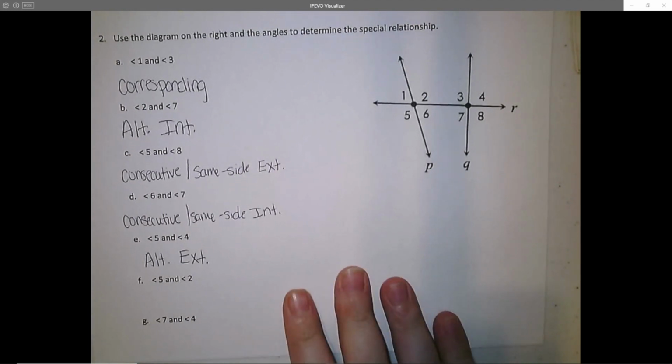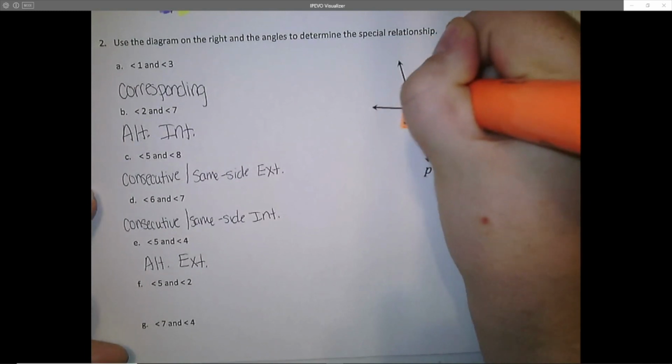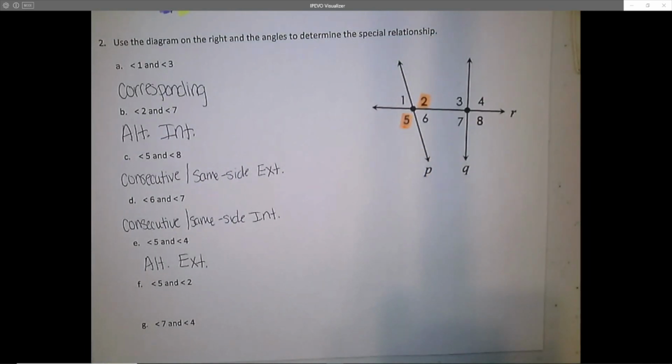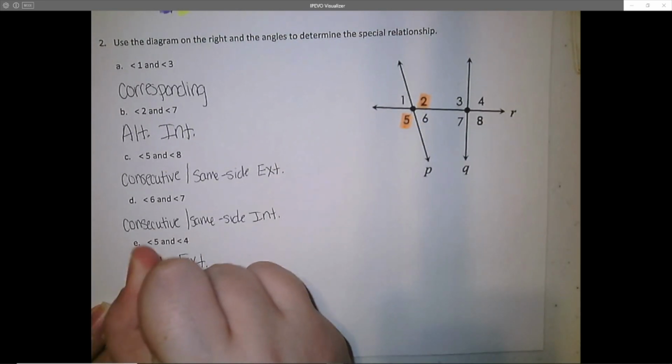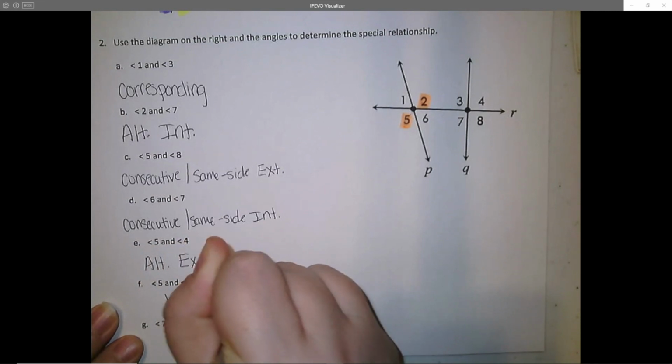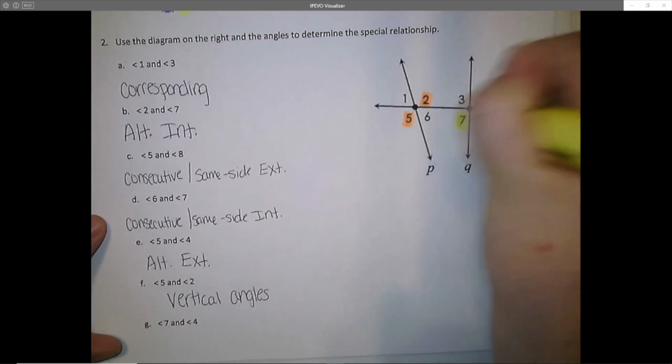Now the last two we're going to talk about here on the picture. So 5 and 2. These should look familiar from last unit. 5 and 2, they are across from each other. These are vertical angles. Also, linear pairs are going to show up this unit as well. Last one is 7 and 4.